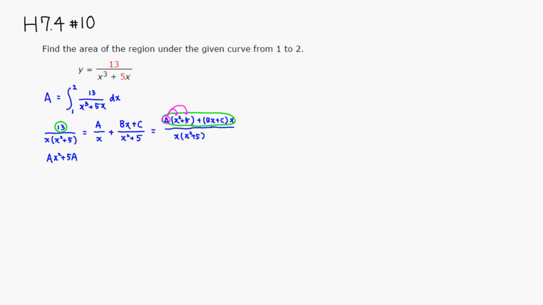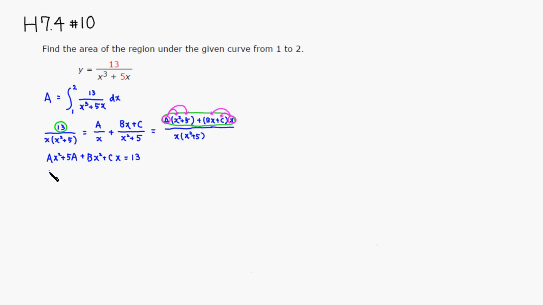Then we distribute x to Bx and C, and we get plus Bx squared and plus Cx. This is going to be equal to 13.